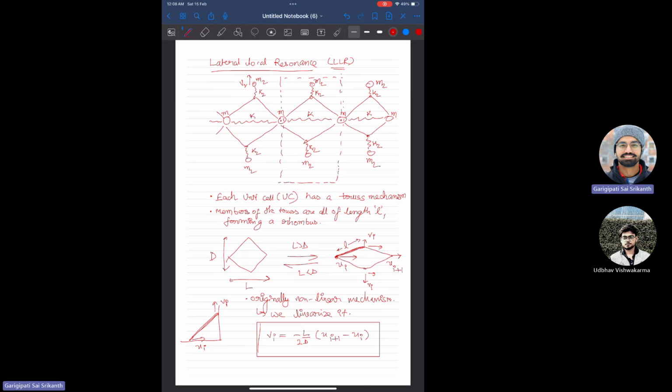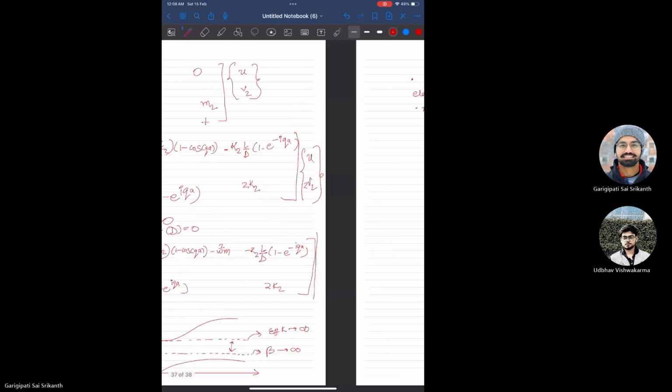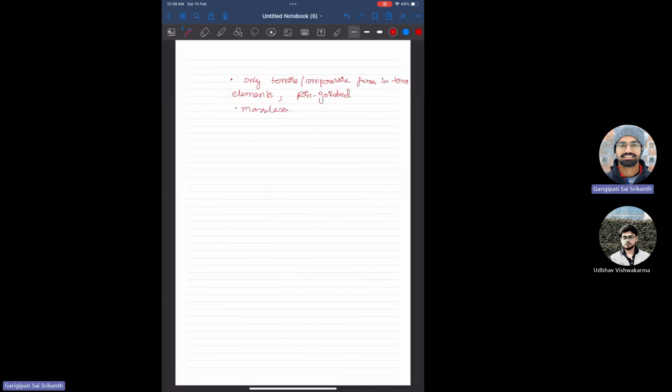But we have not accounted for that. At the same time, if we say that M2 is free to move in the horizontal direction, then M2 would have some inertia. So neither the spring force nor the inertia due to the horizontal movement of M2 is accounted for. So that makes it physically impossible, even from a physics point of view.